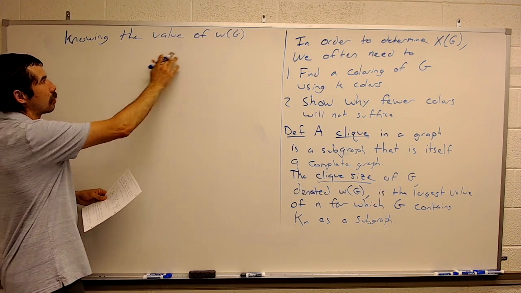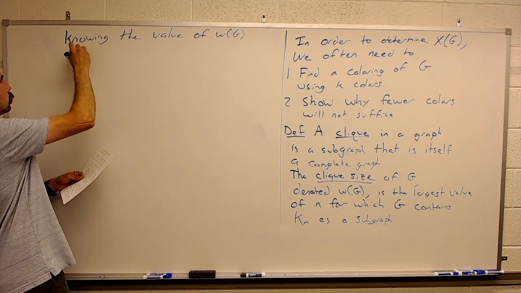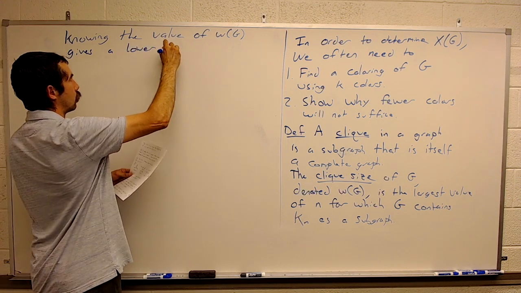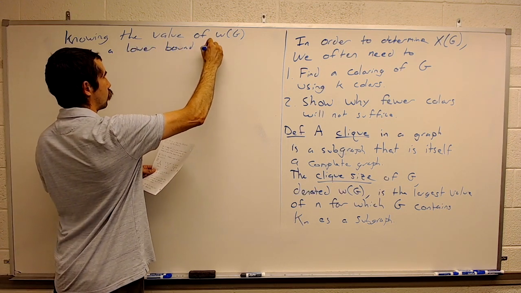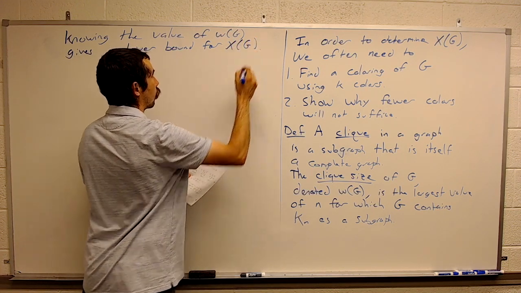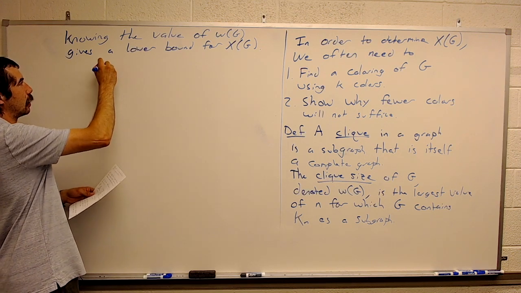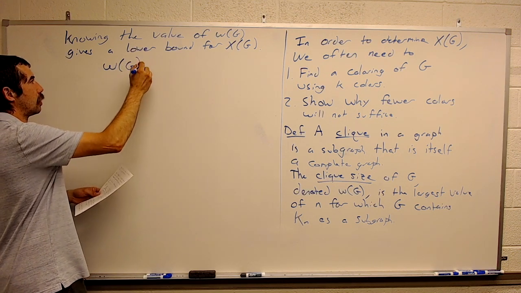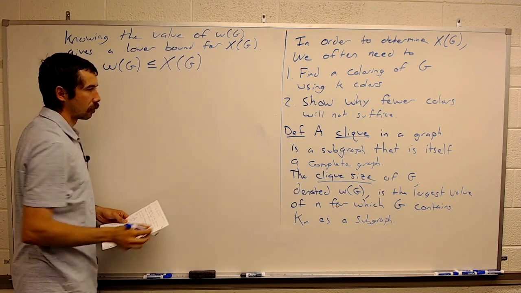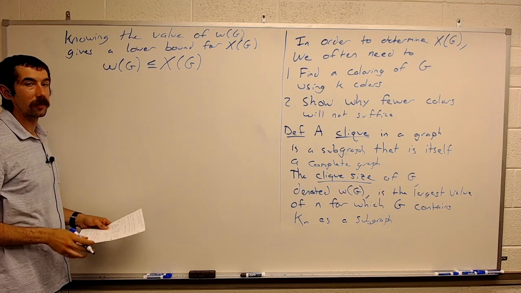So knowing the value of omega of G gives a lower bound for the chromatic number. Okay, how would we write this as an inequality? It's omega of G is less than or equal to chi of G, the chromatic number.